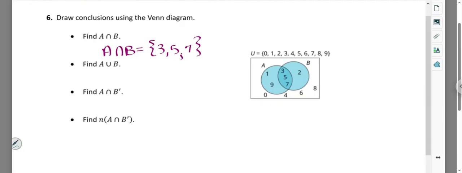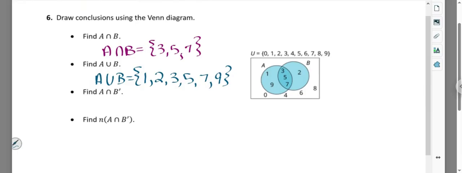For the union, that would be 1, 2, 3, 5, 7, 9. All right.